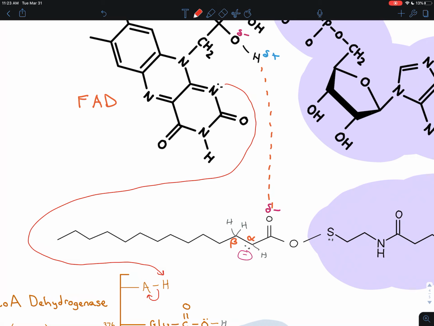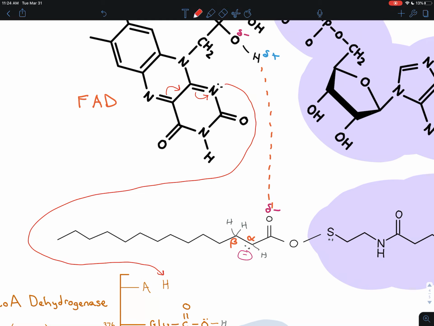On the other hand, if that happens, this nitrogen would get a positive charge. Now that would attract these electrons here, and so you can see how we're sort of pulling the electrons along. If those move, now there's a positive charge here. That would move these electrons over here. But now there's a positive charge here. And by creating that vacuum, let me draw these in one at a time.